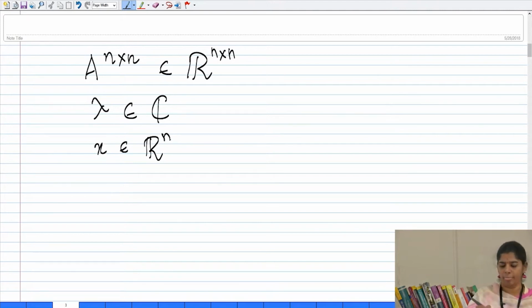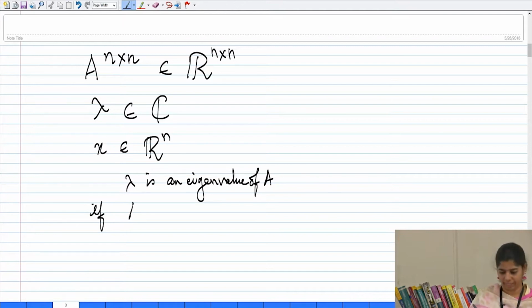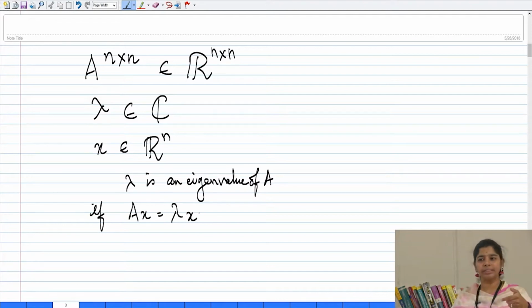So we say that lambda is an eigenvalue of A if Ax is equal to lambda x, right. So what are the things here given and what is existence? If there exists a vector, if we are able to write this Ax is equal to lambda x, then we say that lambda is an eigenvalue and x is the eigenvector corresponding to lambda, right.